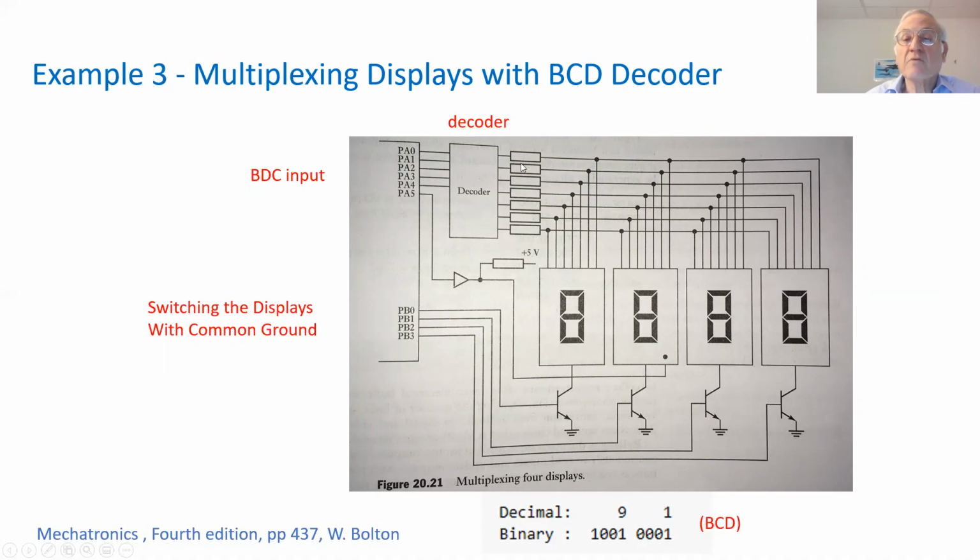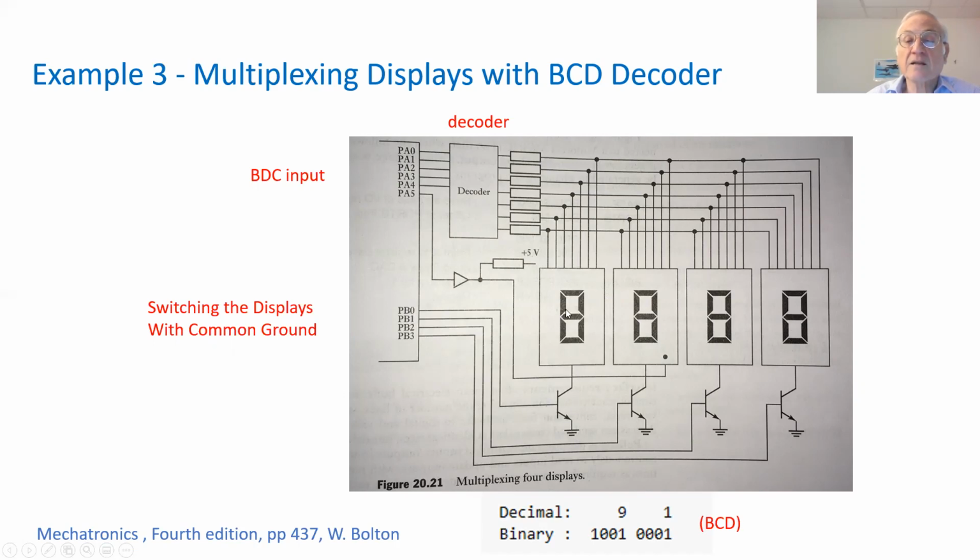Now the decoder provides the digital information to 4 of these displays, and then we have switching that decides which display is going to be turned on.